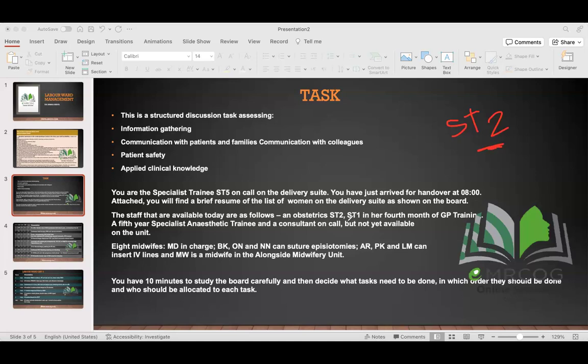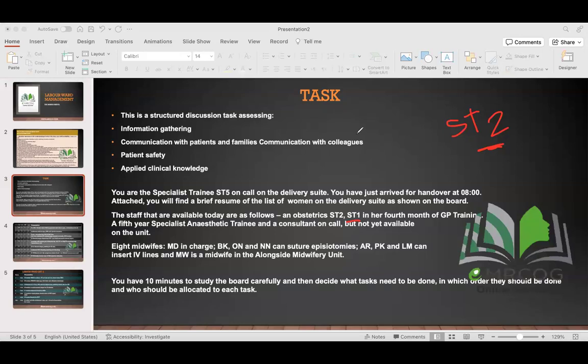Another one also is the ST1. And the ST1 in this case, my friend, is in the 4th month of GB training. What is the meaning of that? The meaning is non-experienced yet, okay? However, they can clerk patients, take vital signs, do simple measures, or simple tasks for you.